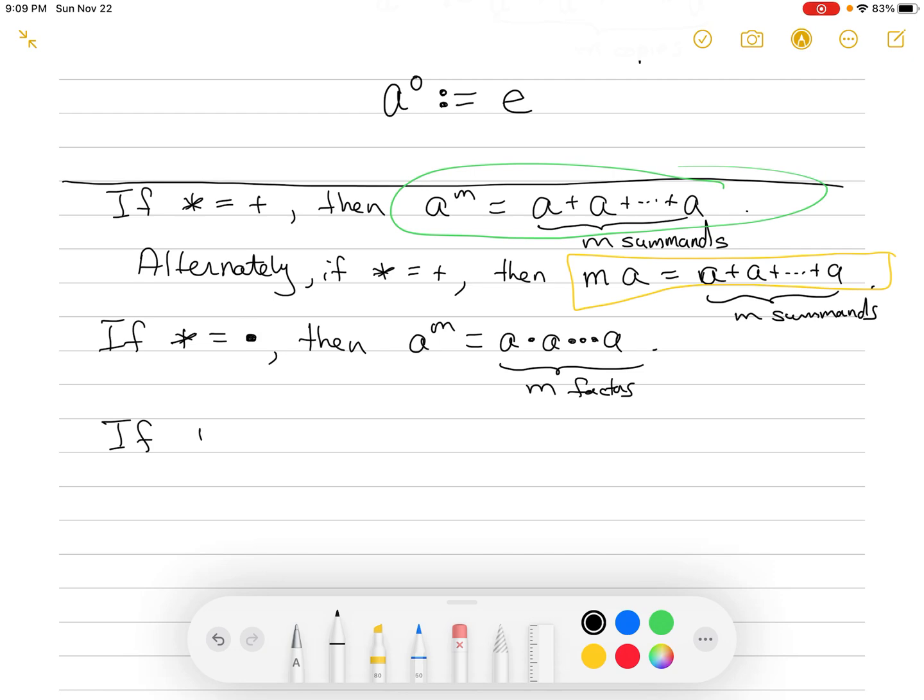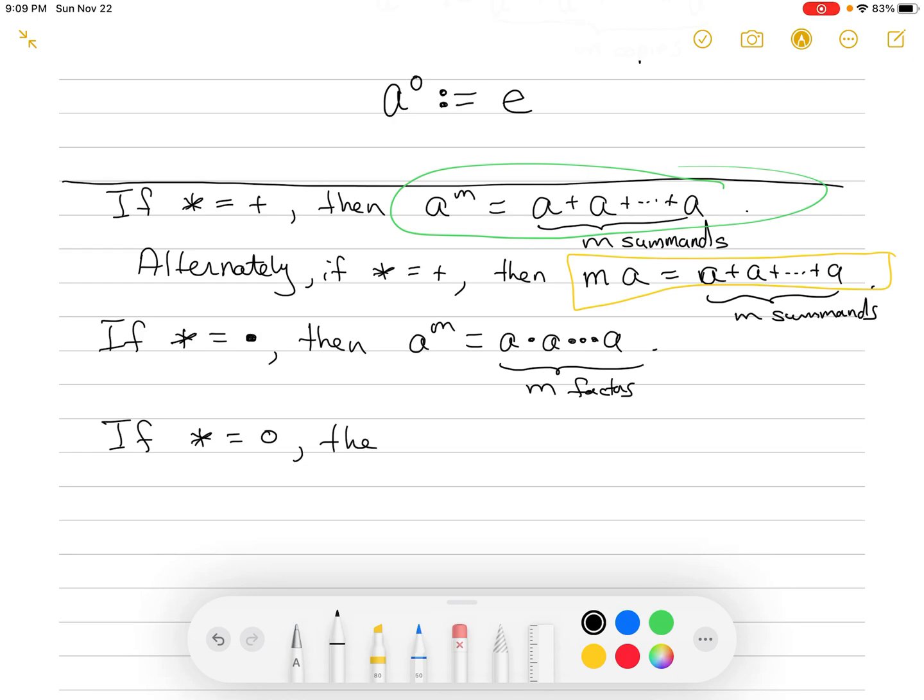Another type of operation we've seen, the star operation, could be functional composition. That happens when you're dealing with permutations on a set, or you actually can compose reflections and symmetries on an n-gon, so elements of dihedral groups.